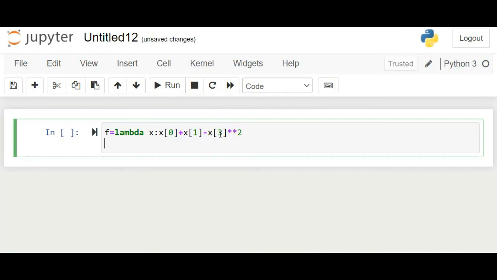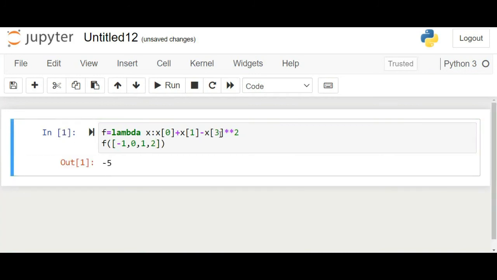Okay, and now let us put some values. The values of the function, inside the parenthesis we will write square bracket, and we can check the value at minus 1 comma 0 comma 0 comma 1 comma 2, control and enter, then we will get the value.